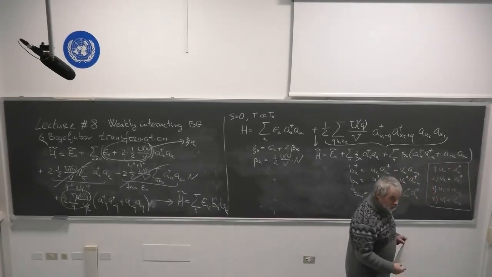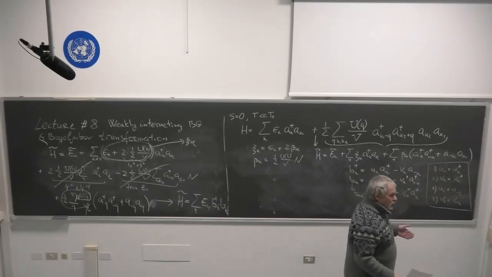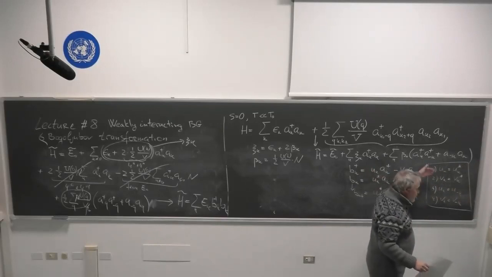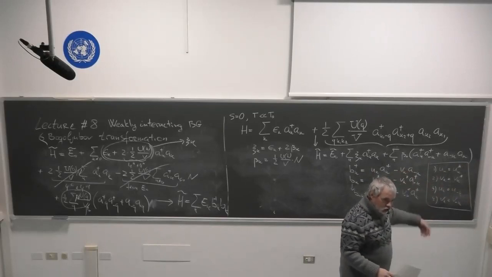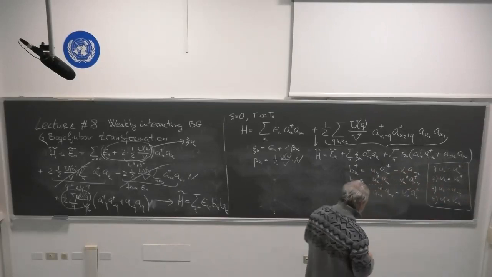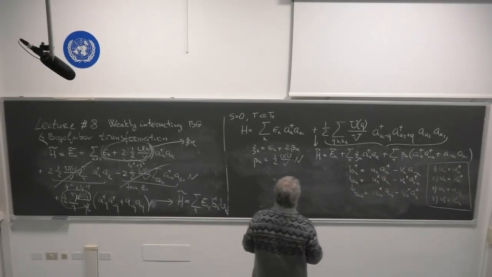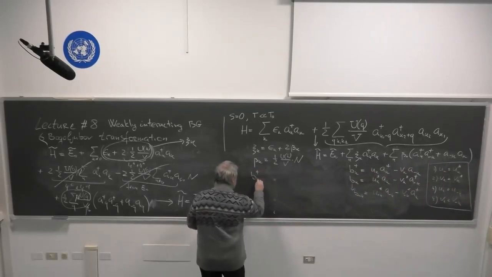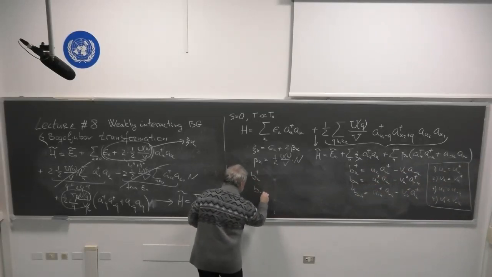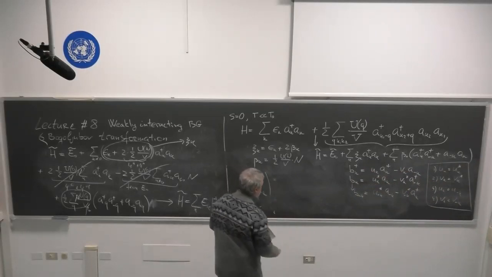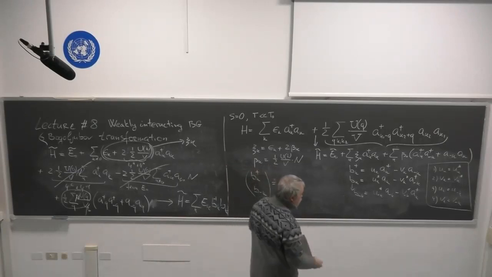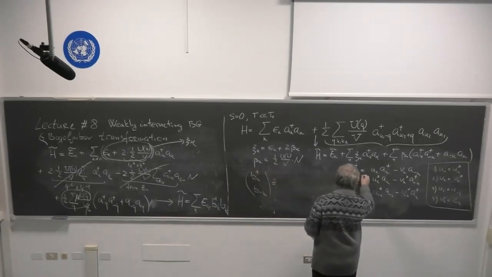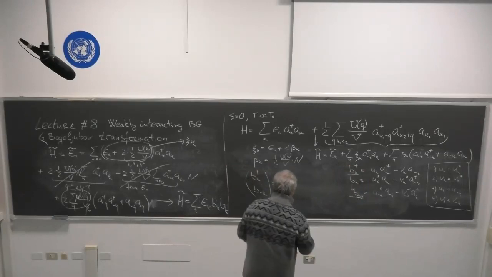I'm going to look for a solution for the new variable, making the conjecture that these unknown coefficients behave in this way. Okay, so I can write down b k dagger, b minus k. I'm going to write this equation and this equation in the matrix form.